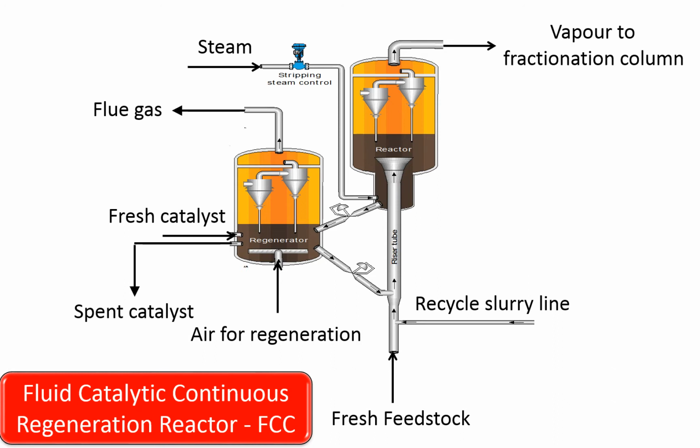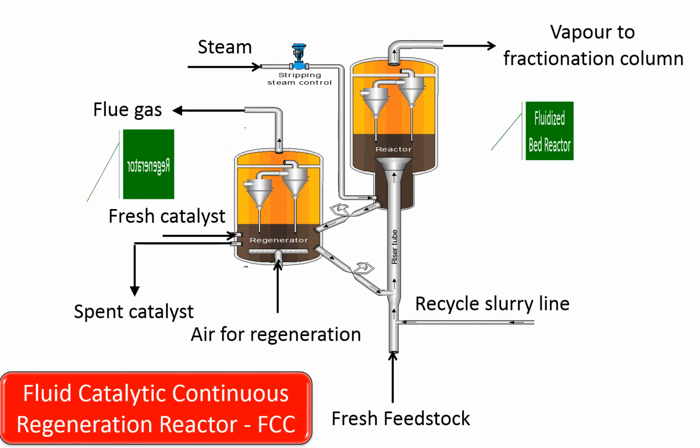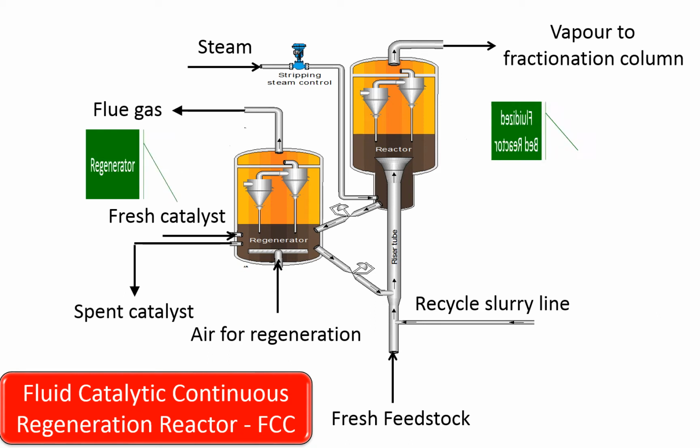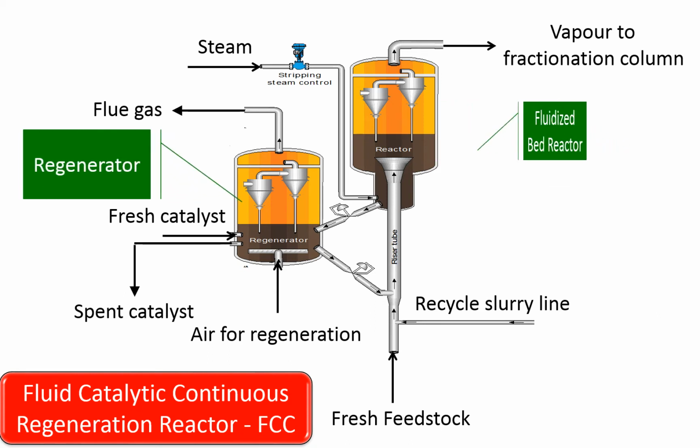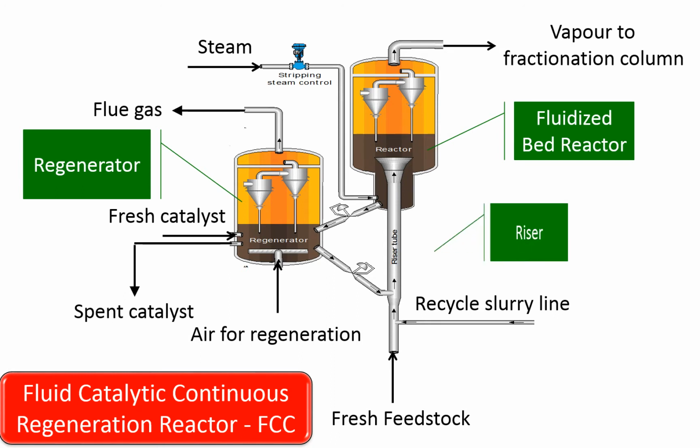FCC units basically consist of two units: a reactor in which hot catalyst is brought into contact with feed, which is the gas oil, and a regenerator in which the coke deposited in the catalyst is burned off for regenerating the catalyst. The riser is an important part of the FCC.